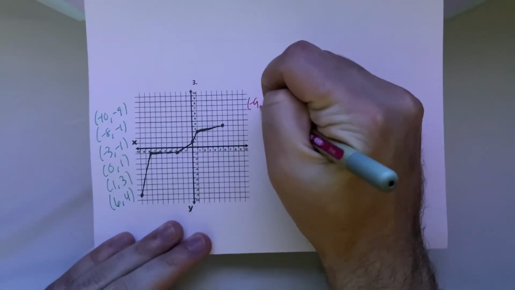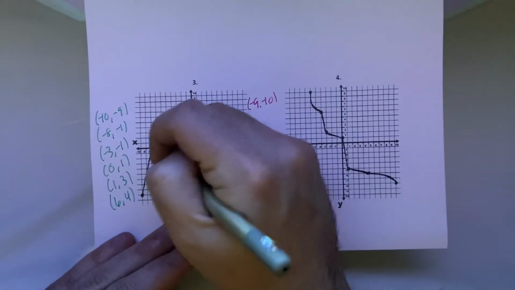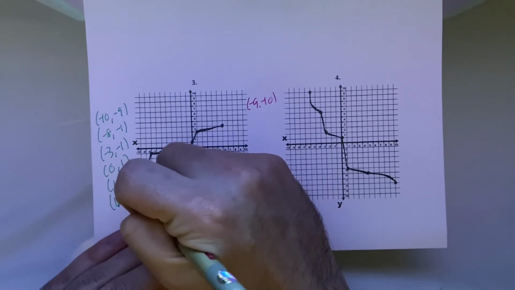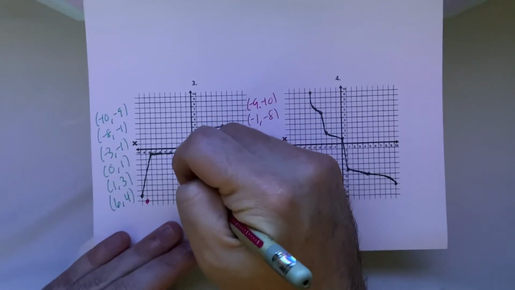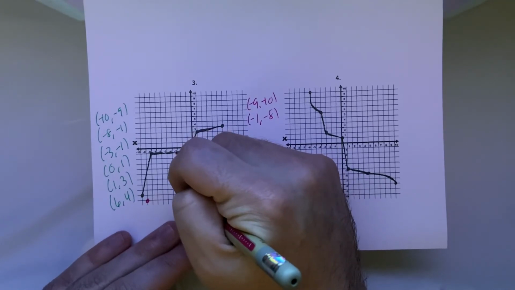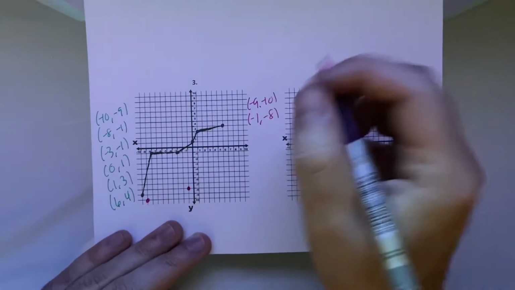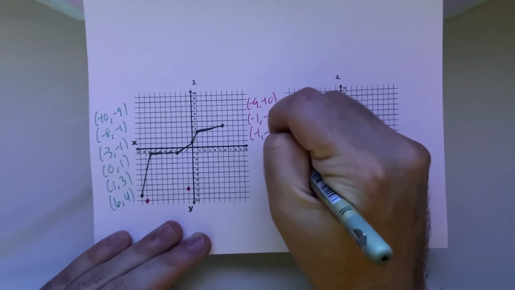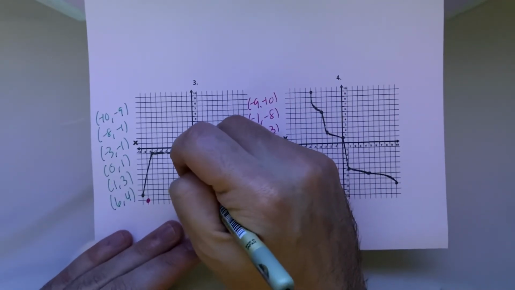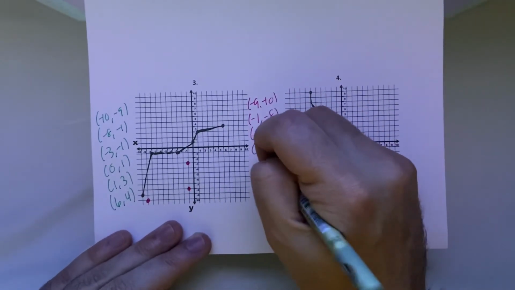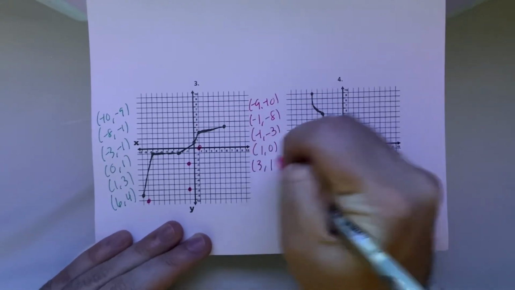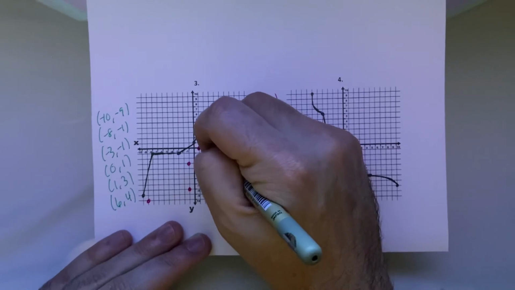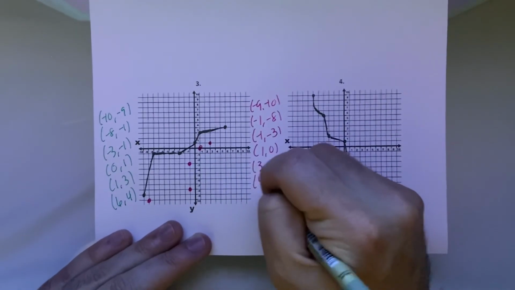So of course, for our inverse, we'll take those and flip them. So (-9, -10), (-1, -8), (-1, -3), now (1, 0), (3, 1), and then (4, 6).